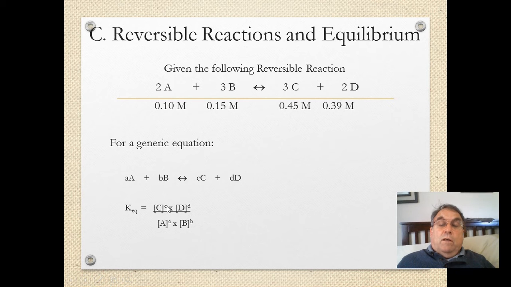As it turns out, the number of moles has an exponential effect on the equilibrium expression.